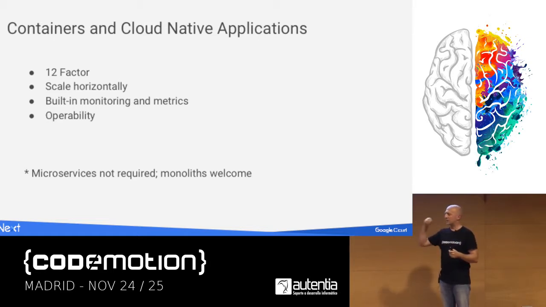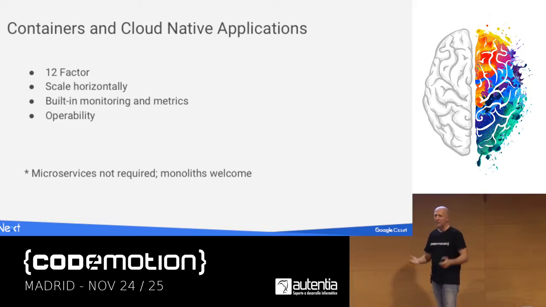You make it 12-factor, auto-scaling, and so on. Microservices can come later. You can just say, okay, this is a huge monolith that I'm just going to put online. If it's auto-scalable and if you can start containers at any point in time, then you're fine. Then microservices can be added later in a progressive way or slowly over time.